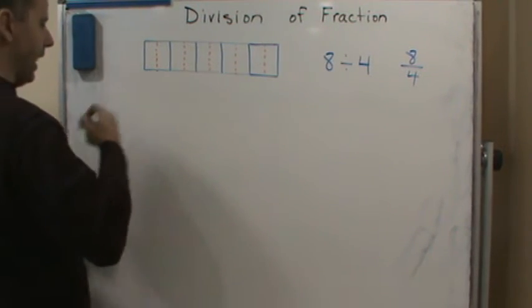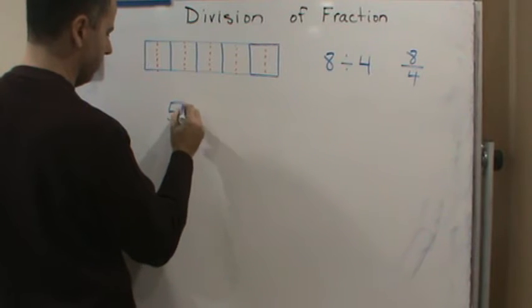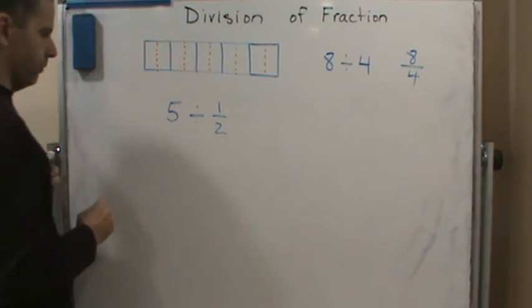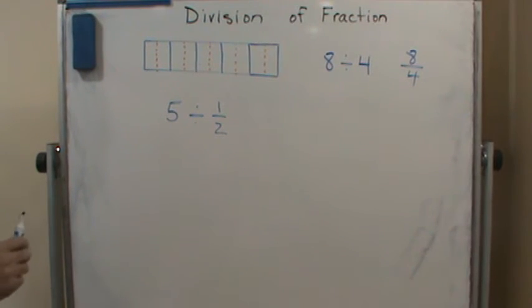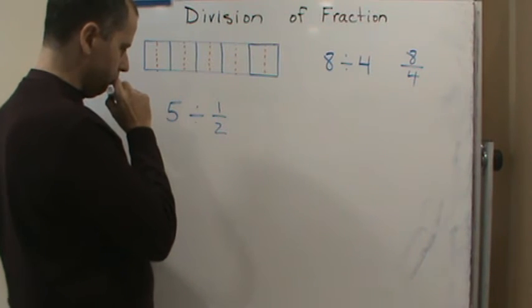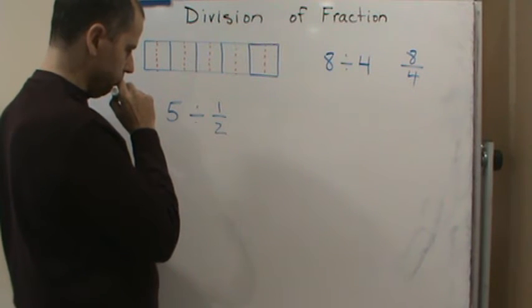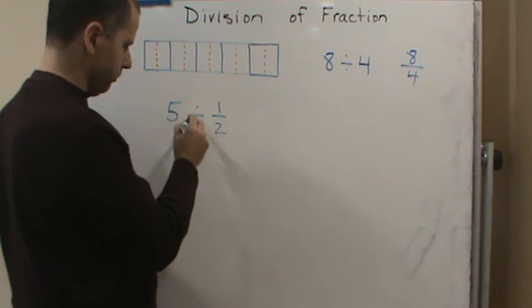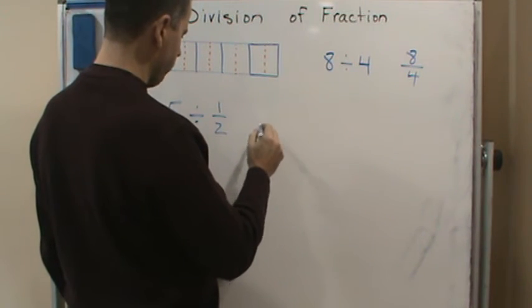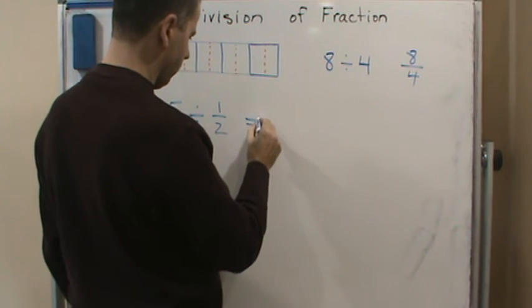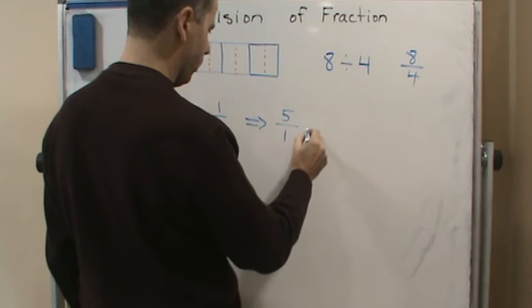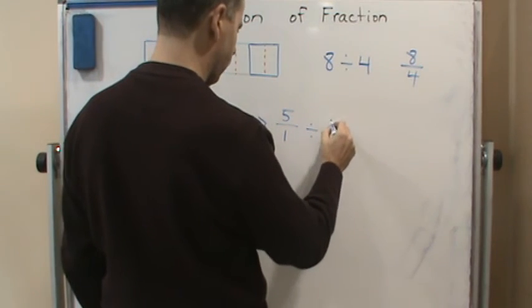If I take 5 divided by a half, let's write it this way: 5 over 1 divided by 1/2.